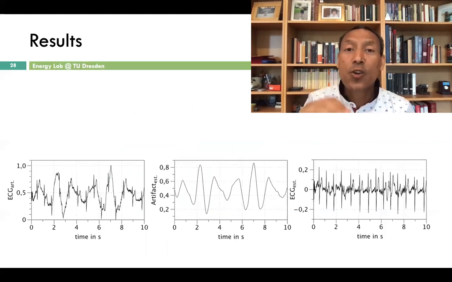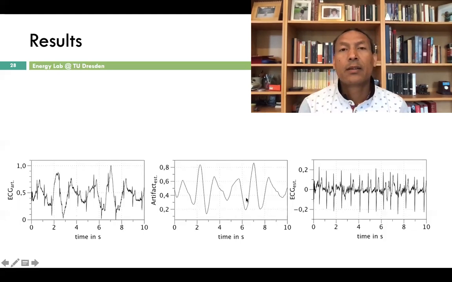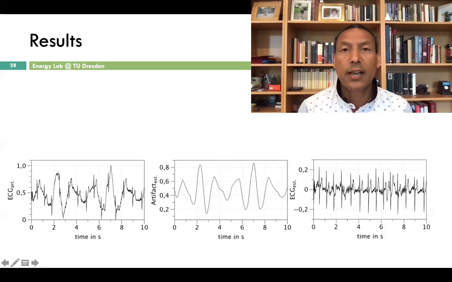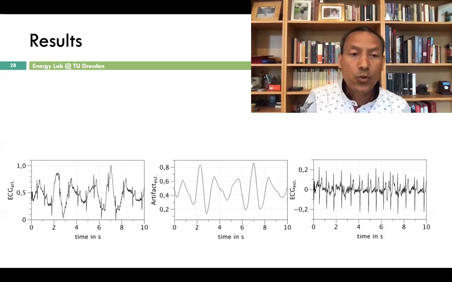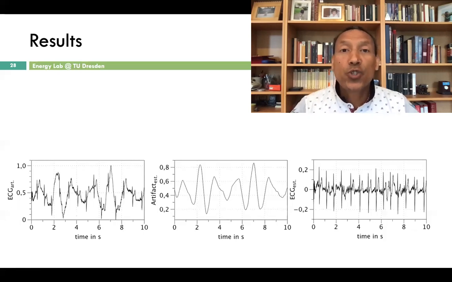Now the tensor decomposition cleanly separates them like this. This is the extracted signal from this one using tensor decomposition, and this is the motion signal which we use to corrupt this signal.